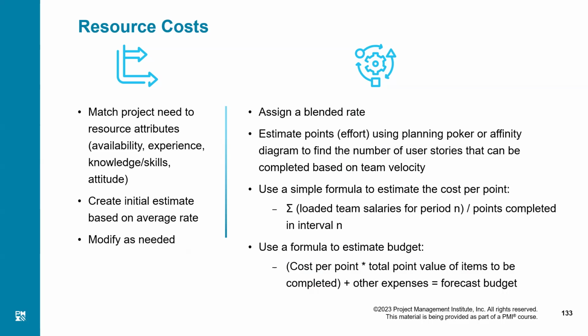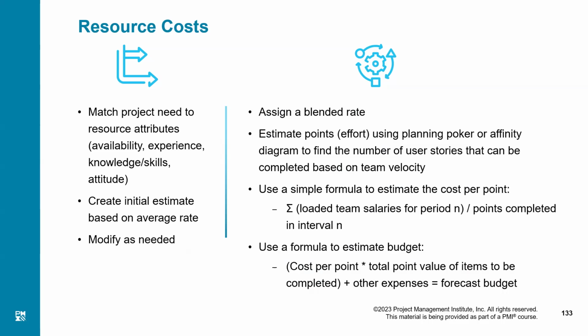So we do not estimate cost or time in case of an agile project. You remember I mentioned we look at the complexity of each user story and allocate its effort value, which is not time, which is not cost, which is not resources.